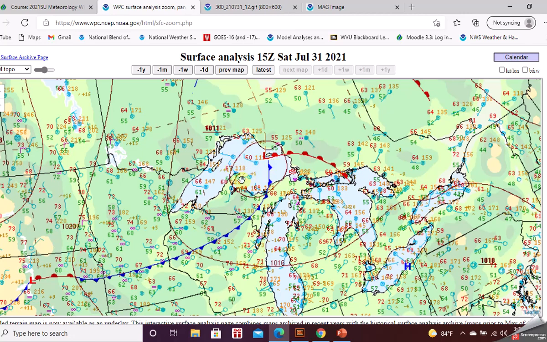Also notice the winds are stronger over the water than over the land. Only 5 knots here, 15 knots here. So you can see the effect of friction here, and you can see the impact of the gradient wind right here. This is a description of gradient wind with friction.